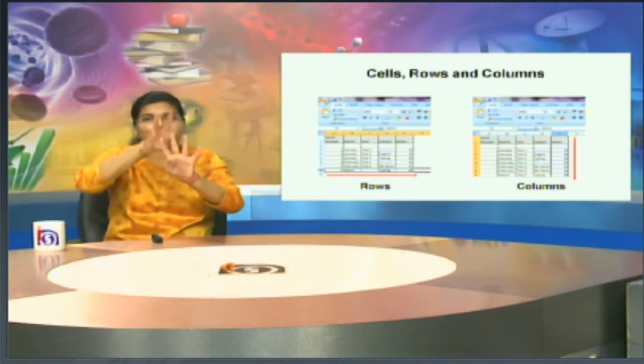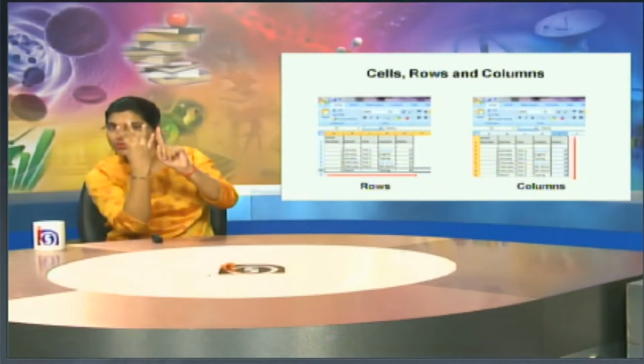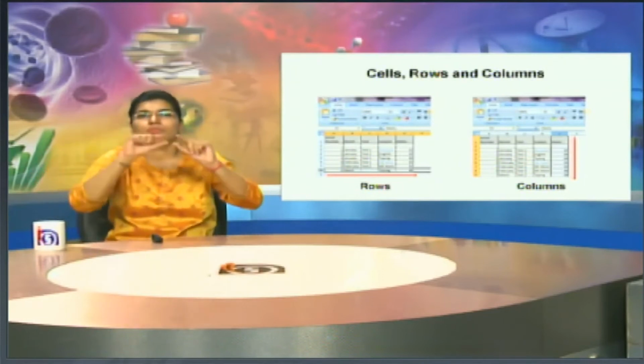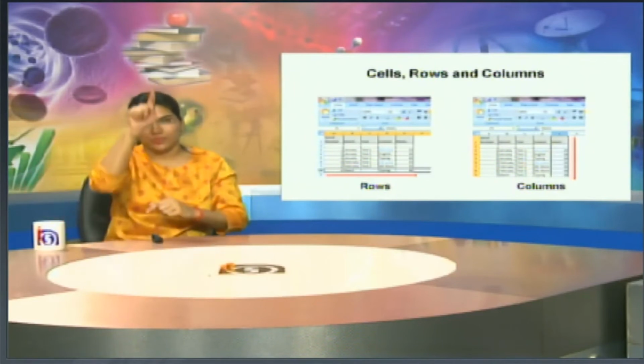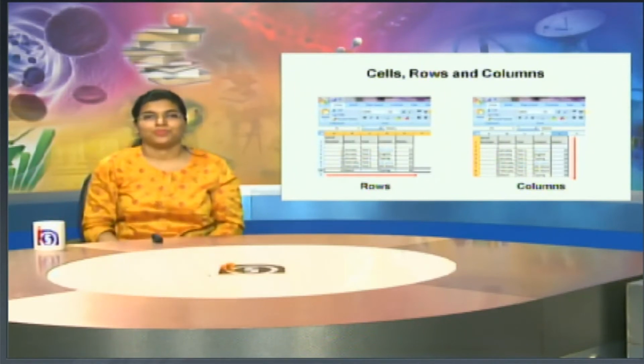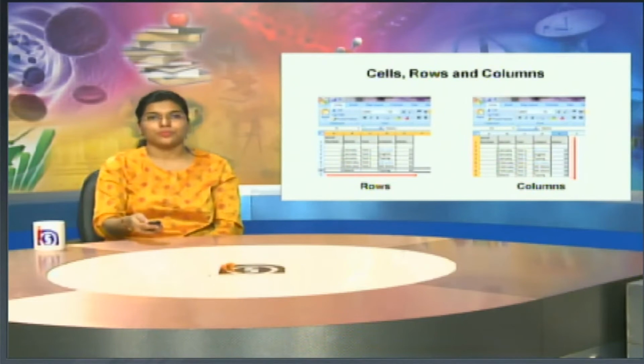Horizontal rows and columns, vertical columns. So this way you can easily understand all the rows and columns. Also, they have numbers.